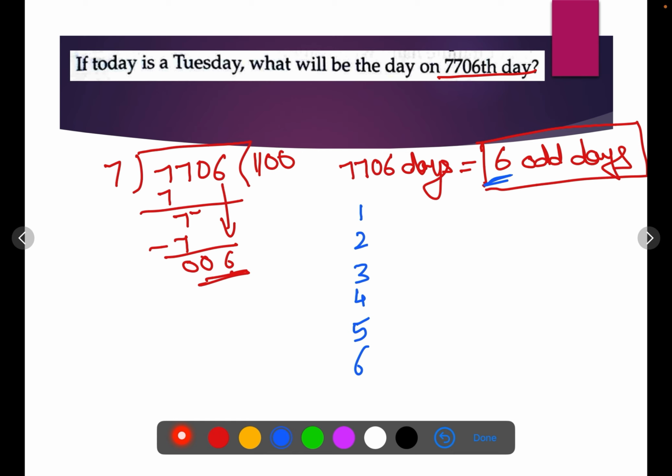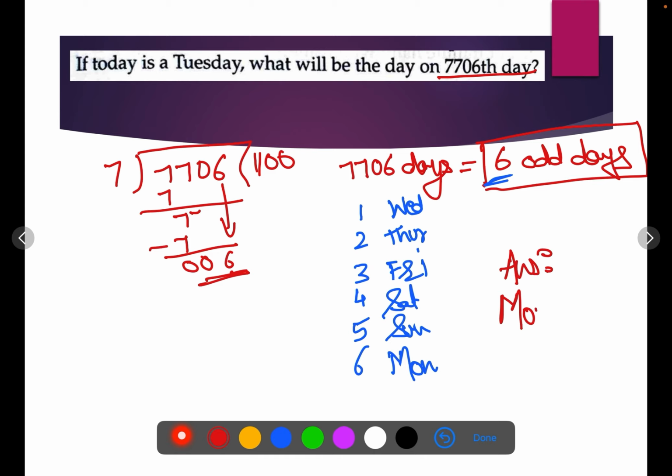Let's start my calculations for Wednesday, Thursday, Friday, Saturday, Sunday, and what is coming? Monday. So what is my answer? My answer is Monday.